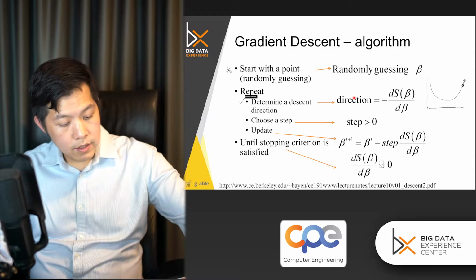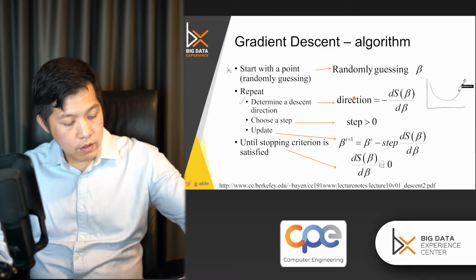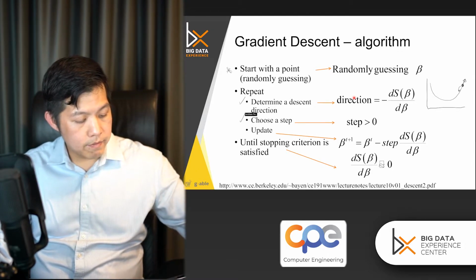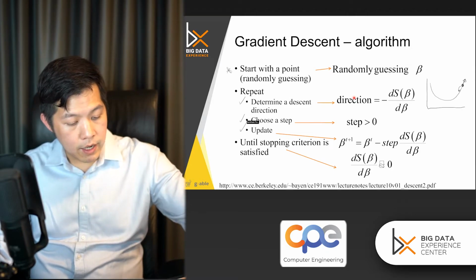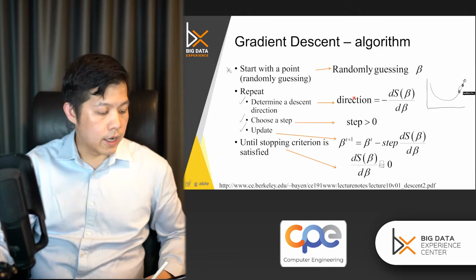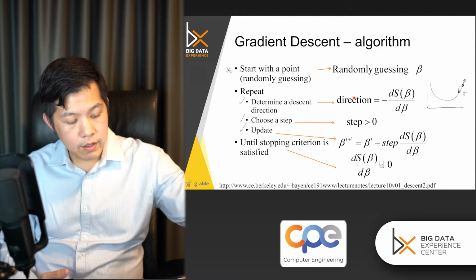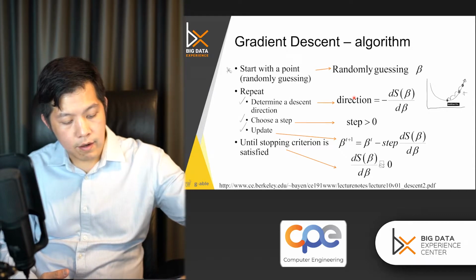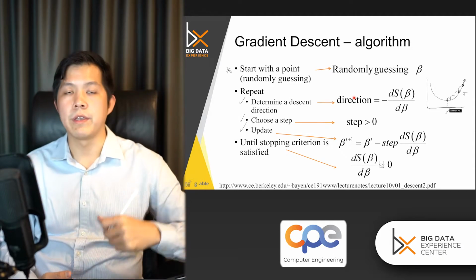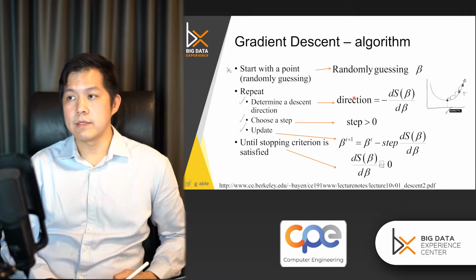This point, go to the opposite side, choose a step, update means that you move the point to the new one, and then do it again until you reach the end of the optimization and reach the final goal here, right? This is gradient descent.